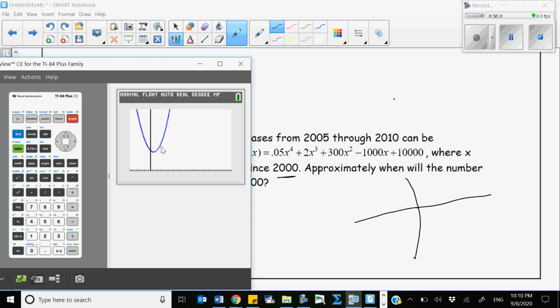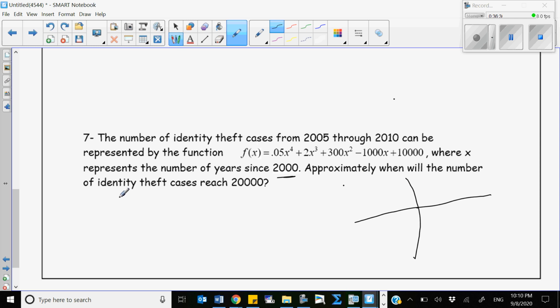So this is my graph. Now it's asking approximately when the number of the identity theft cases reach 20,000. Like if this is my graph and this Y value is the number of the cases, it should be 20,000. So I need to see where my function has a Y value of 20,000, and that should be this point.